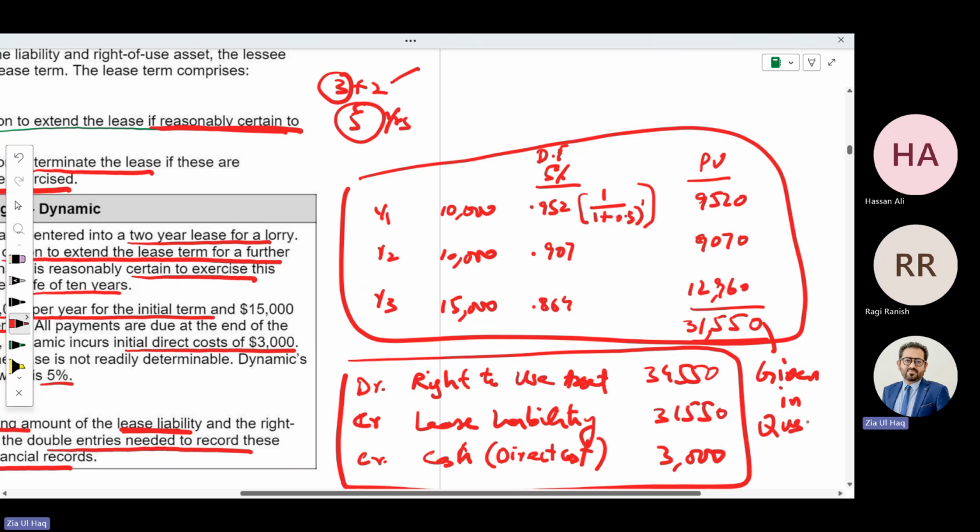In 95% of questions, the present value of lease liability figure will be given. Like in this question, it was given 10,000, 10,000, 15,000, so we needed to calculate the present value of the liability. But from now onward, in 95% of questions, this figure will be given. We just need to calculate the asset value only.